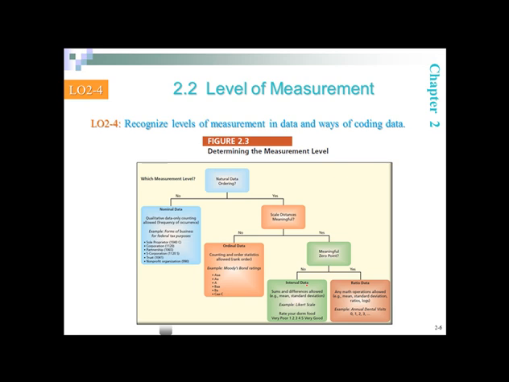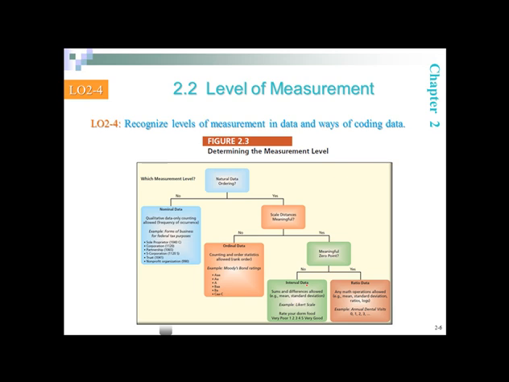And if there is a meaningful distance on the scale, then we ask the question, is there a meaningful 0 point? If there is no meaningful 0 point, something like temperature, 0 degrees Fahrenheit doesn't mean that there is no temperature, it just means the temperature is 0. You can have negative temperatures, and that doesn't mean there's a lack of temperature.